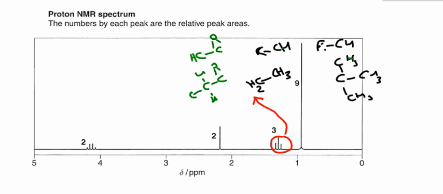Then for my final fragment, I've got an area of 2 again. This is a HCO. It's a nice O, isn't it? And it's got an area of 2, so I can have it as CH2 bonded to that O. And next door to it, because it's a quartet, I must have CH3.